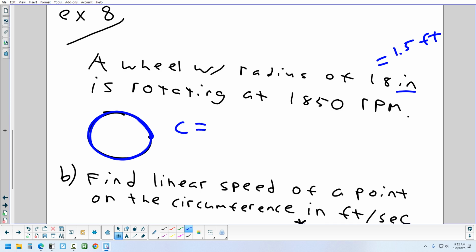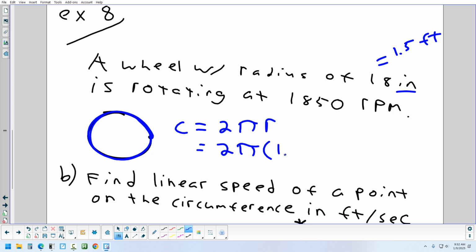What's the formula for the circumference of a circle? Yep. Pi r squared, that's the area. So that is a formula we used yesterday. Was it 2 pi r? 2 pi r. Okay. And what is the radius that they give me for my wheel? 18 inches or 1.5 feet?